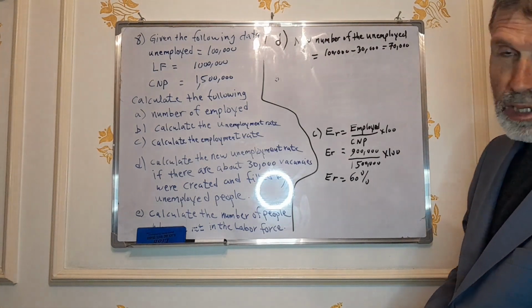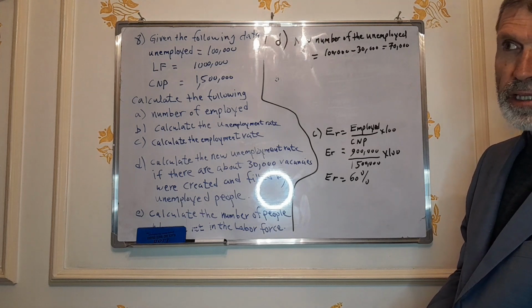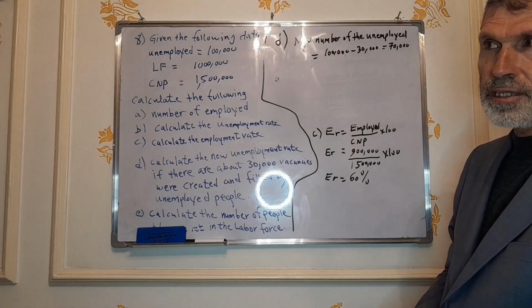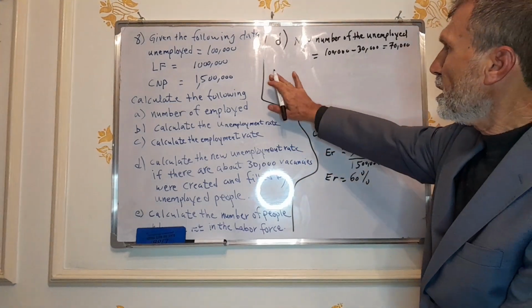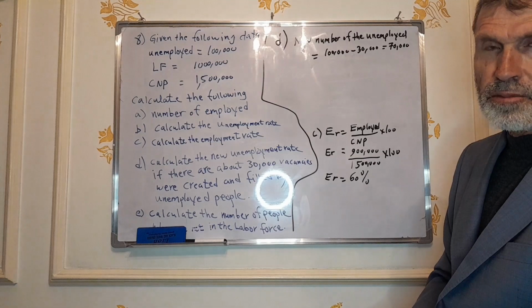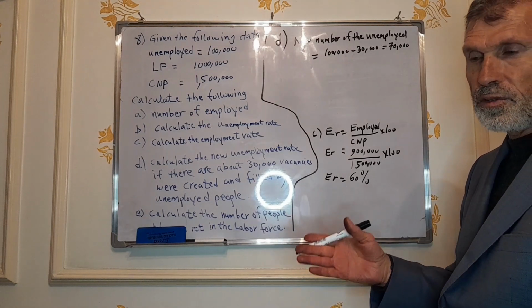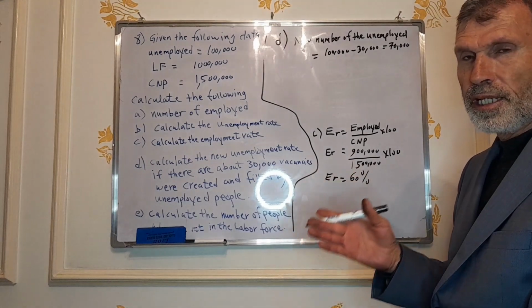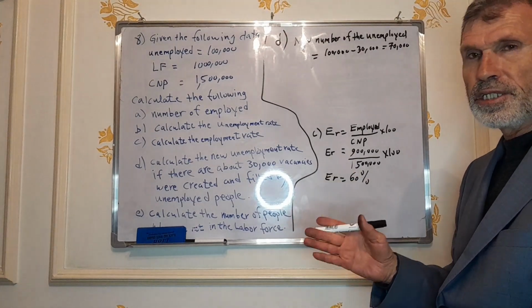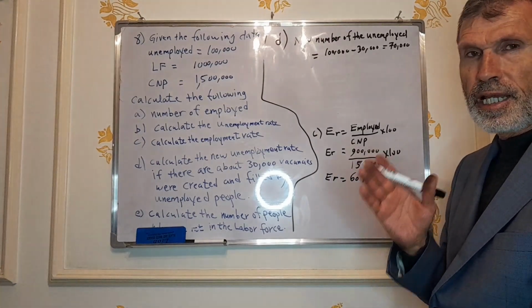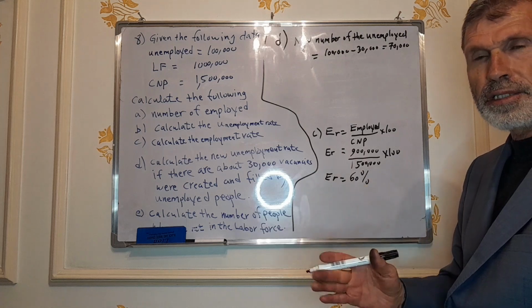Now we need to calculate the new unemployment rate, given that 30,000 vacancies were filled by the unemployed. As you can see, the labor force is still the same, because the unemployed filled the 30,000 jobs, and the labor force consists of the sum of the unemployed and employed.